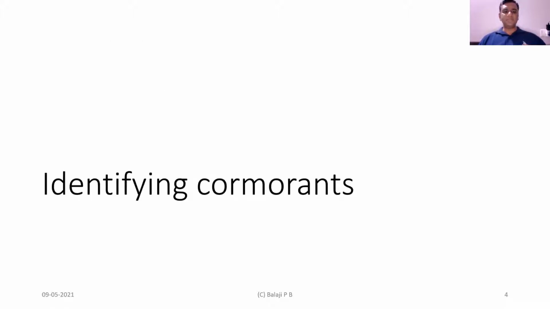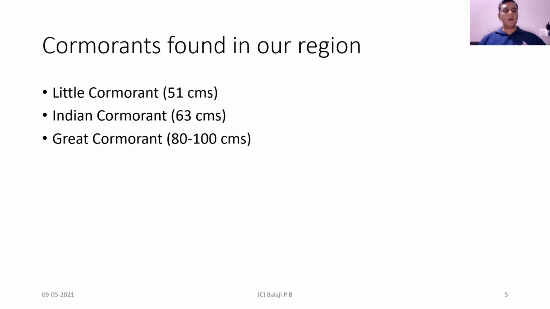So let's first start with how to go about identifying cormorants. Cormorants is a family which is represented by three species, not just in our region, but for the entire India as well. We have the little cormorant, the Indian cormorant, and the great cormorant.